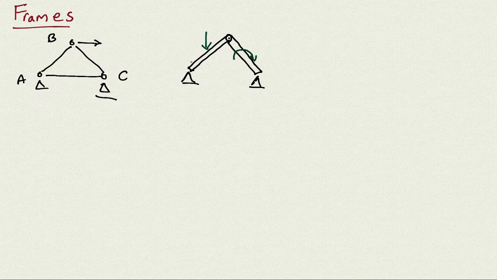So for this simple one, if I put Ax and Ay, and Bx and By, we have forces applied at the supports. There are also internal forces at that joint, so we have some forces here, and we may also have external forces like that there.